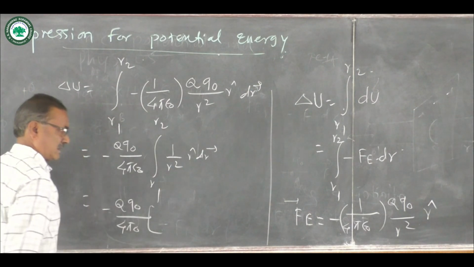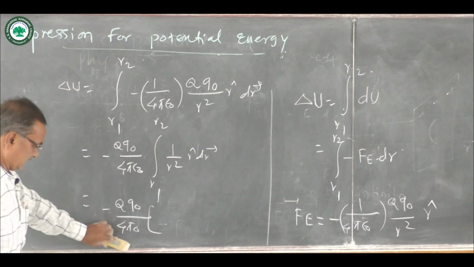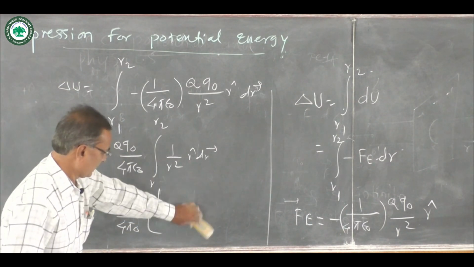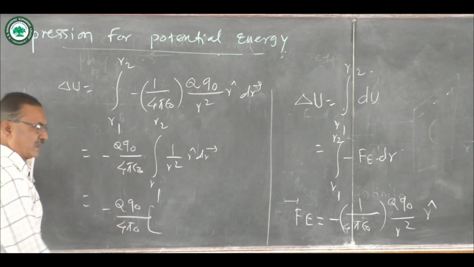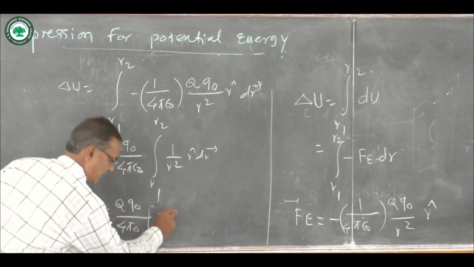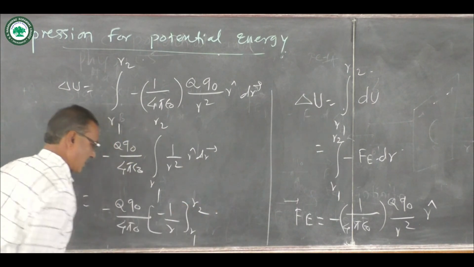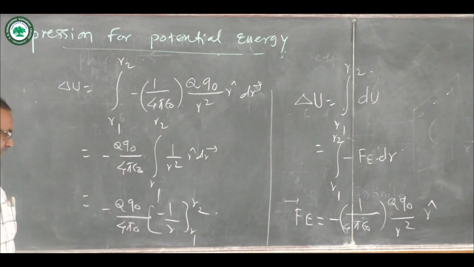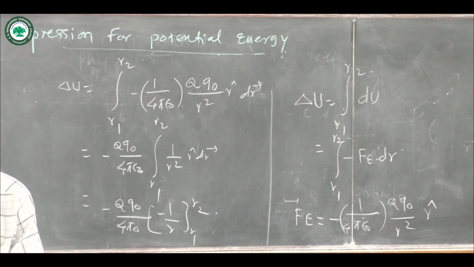Here by integration formulas, integration of 1 by r square dr is minus 1 upon r, limits r1 to r2. So replace here r by r1 and r2.